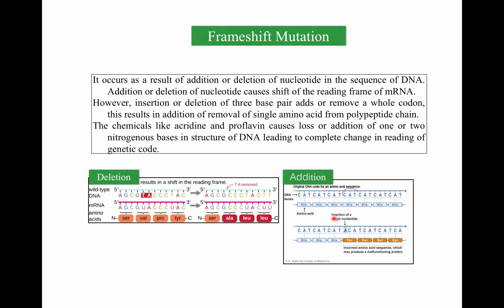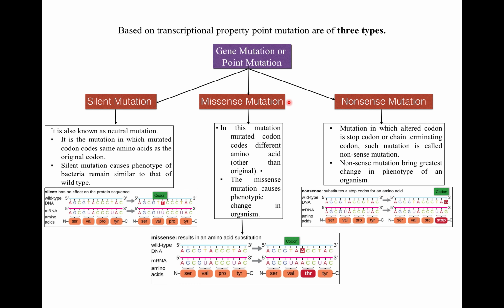But now there is the insertion of a single nucleotide A. So here in place of CAT now ACA, and it will code for threonine. Then TCA codes for serine. Now there is a completely different protein structure. So it is a frame shift mutation.